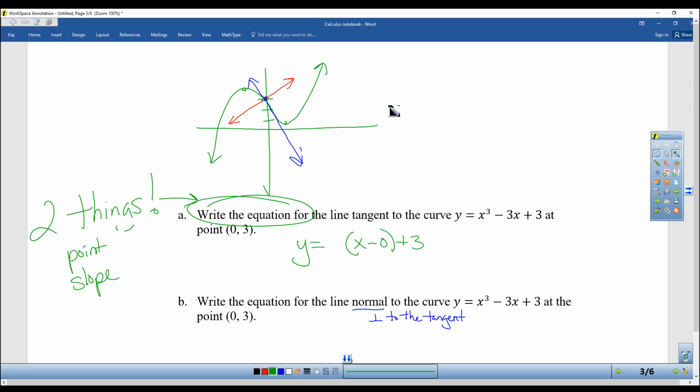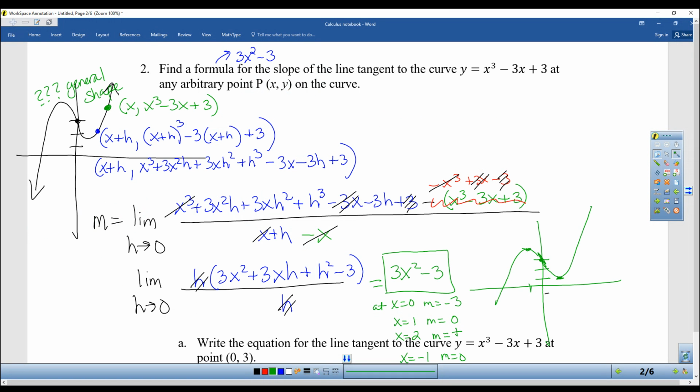Well, you figured out a formula a minute ago. The formula for the slope at any point on the curve is 3x squared minus 3. It's on the previous page.